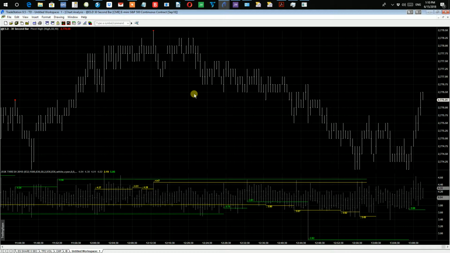There are 12 5-second bars in a minute, so 12 times 5 is 60. Now you've got the root for determining how many bars back you need. 60. If you want 5 bars back, 60 times 5, that's 300 bars.